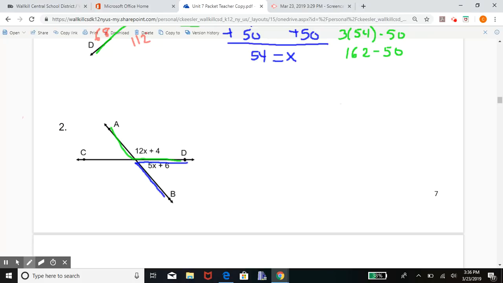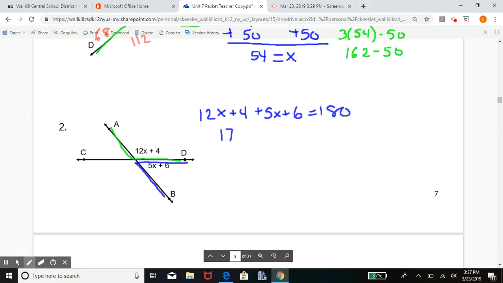And we also know that supplementary angles add up to 180 degrees. So we're going to add them up and then set it equal to 180. So we can do 12x plus 4 plus 5x plus 6 equals 180. Combining like terms, 12x and 5x makes 17x. 4 and 6 makes 10.